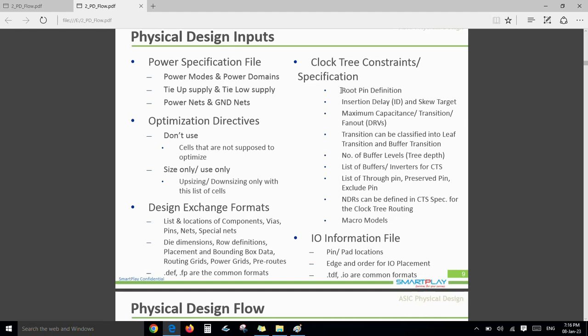If required, we can use the inverters also, through pin, preserve pin, exclude pin, and each and every piece of information we can have here. And NDR file, and NDRs are nothing but double spacing, double width. We will discuss it later. And macro models and everything.